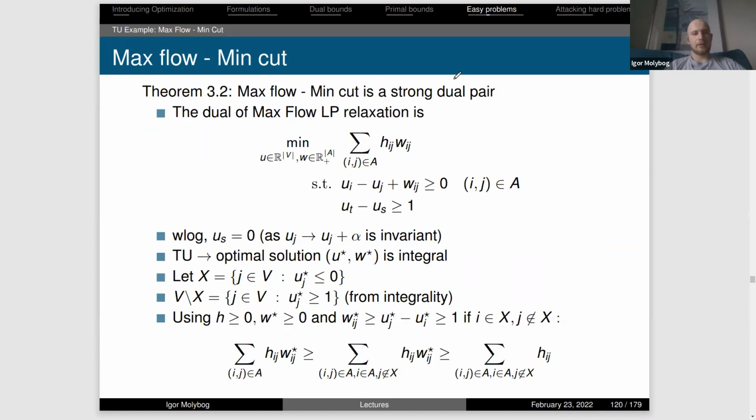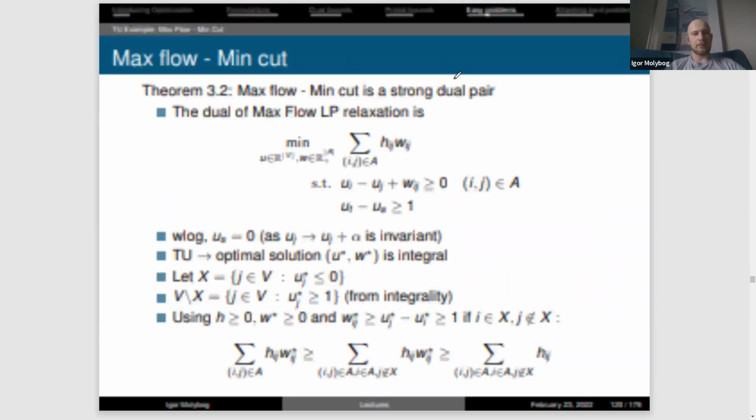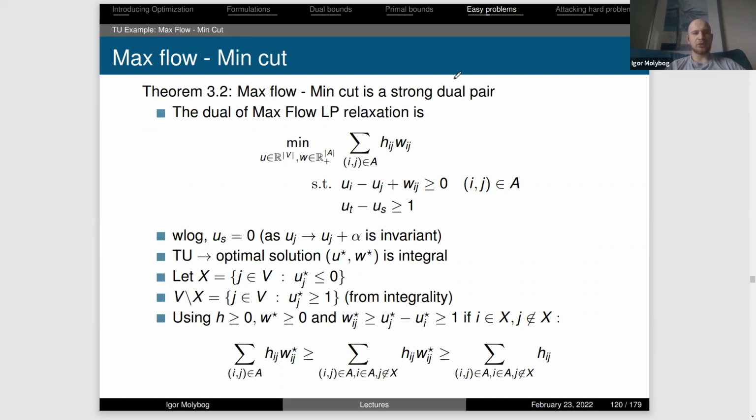Then there is another example that also utilizes total unimodularity, but not for the sake of showing that the problem is simple, but rather for showing that a pair of problems form a strong dual pair. So this is another example.